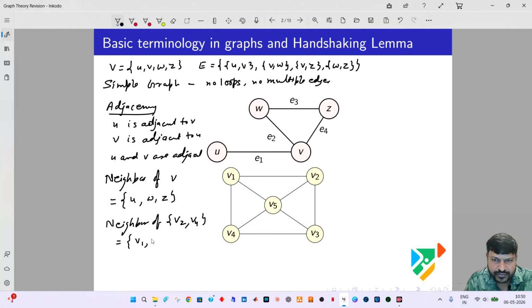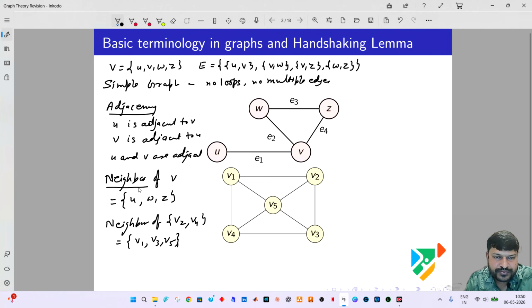V1 is adjacent, V3 is adjacent, V5 is adjacent. Next, V4. What are the vertices adjacent to V4? V1 is adjacent, already in the set. V3 is adjacent, already in the set. V5 is adjacent, already in the set. So this is the neighbor of the subset of vertices.